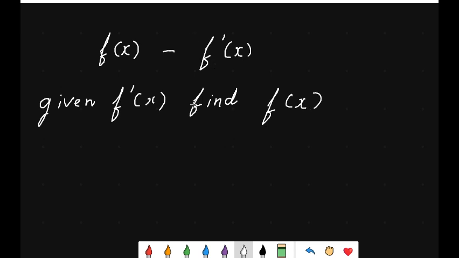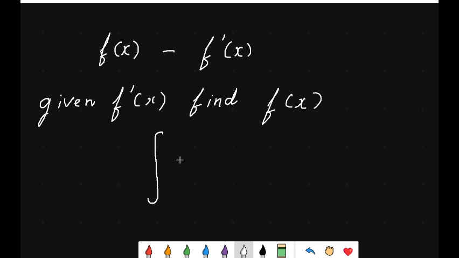Clear? Now the way you denote it is, for example, in our case we found that the derivative of x squared is 2x, right? So in order to find the antiderivative, the way you denote it is you use the integration symbol. So don't confuse it with integration, but it uses the integration symbol.